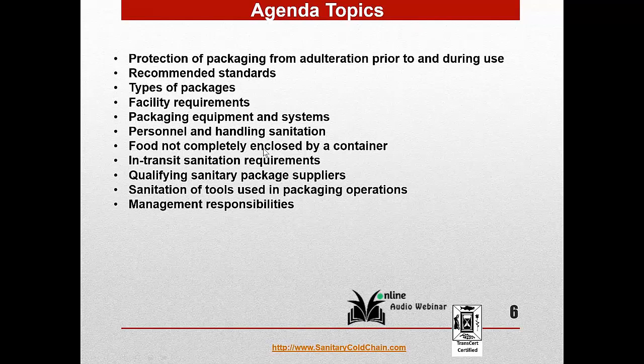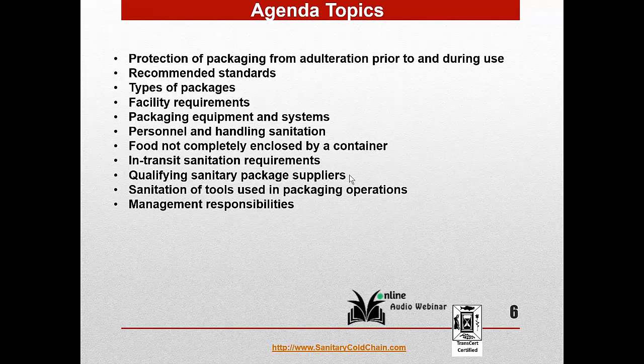We're going to talk about in-transit sanitation requirements, qualifying sanitary package suppliers. So as a food supplier, it's your responsibility to make sure that you buy clean packaging from a qualified supplier.